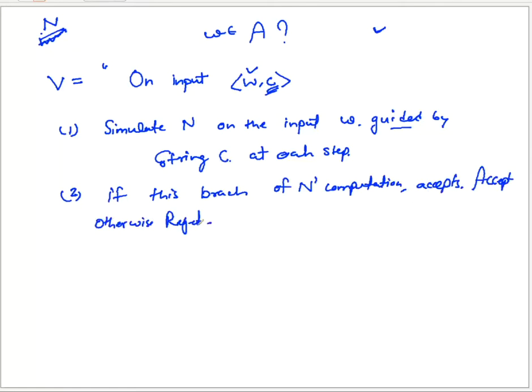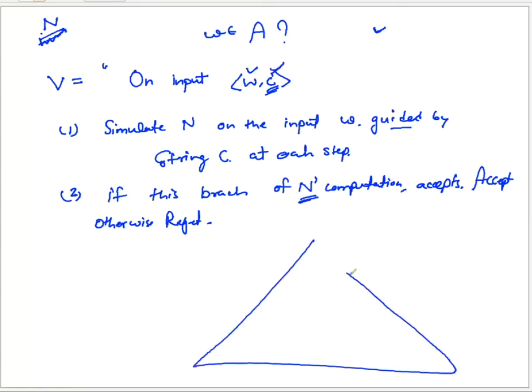So it is very similar if you already know the deterministic way of doing it. So why is this verifier a deterministic machine? Because although you are using the transition table of N, it is guided by the certificate. So it is the same as this: this is the computation tree of N for W, right?